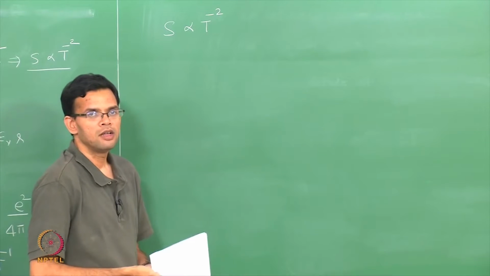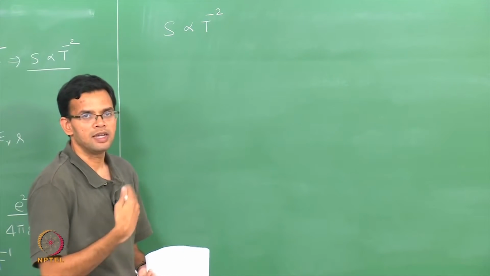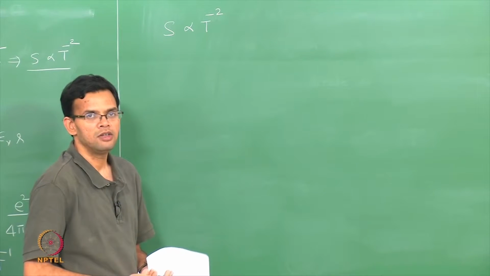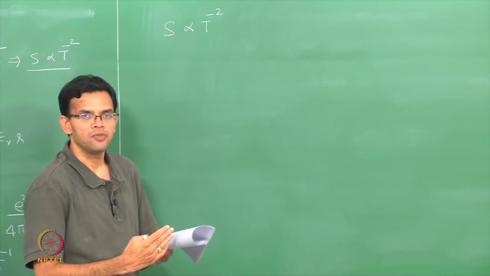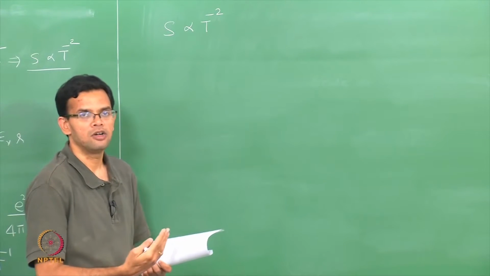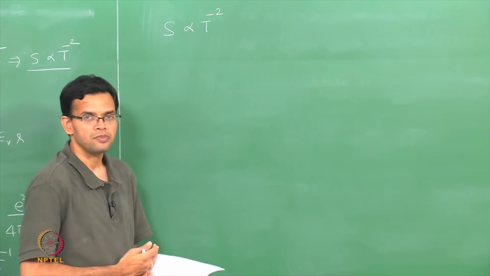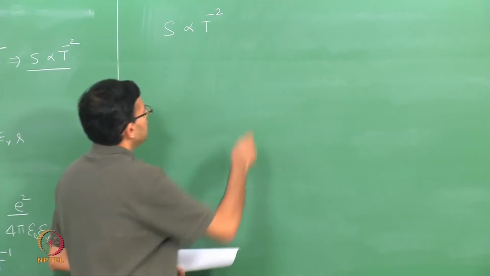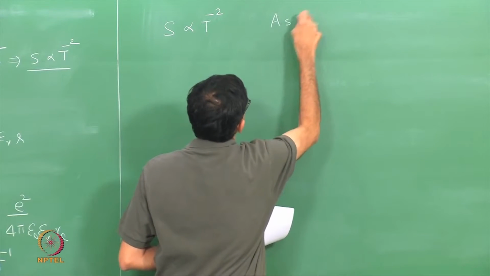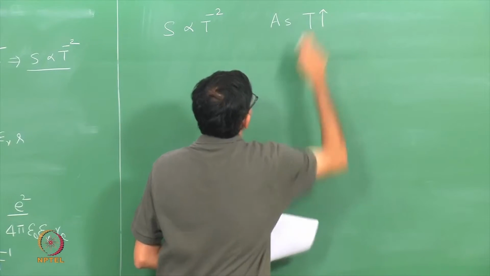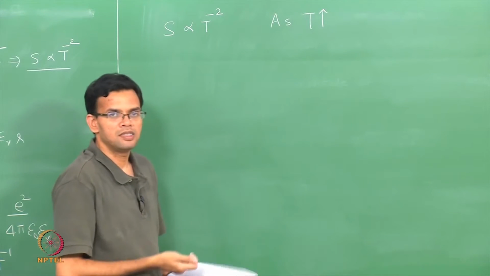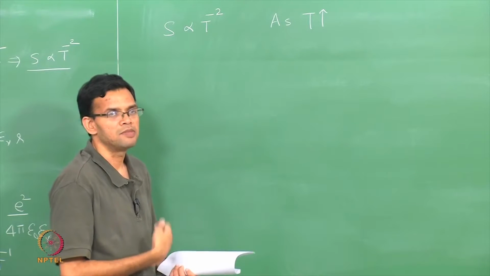This we got by looking at the balance between the kinetic energy of the electron and the potential energy of attraction between the electron and the ionized impurity. As temperature increases, the electron can travel faster, which means the kinetic energy becomes higher.